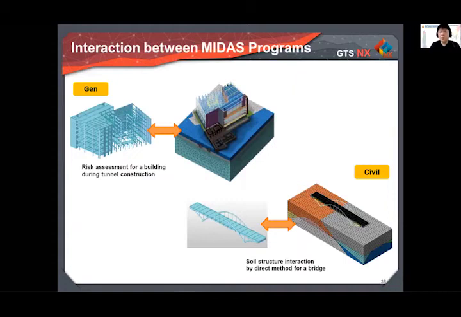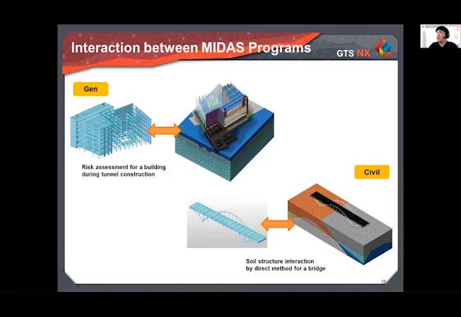GTS NX can import model information such as meshing, material, structure, cross sections, and load and boundary conditions from Midas family software, Midas Gen. The CAD interface transfers project data for expanded analysis requiring soil structure interaction and detailed 3D investigation, such as bridge piers and high-rise building foundations.